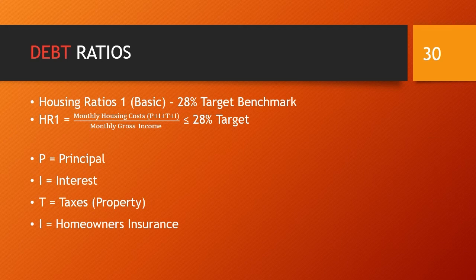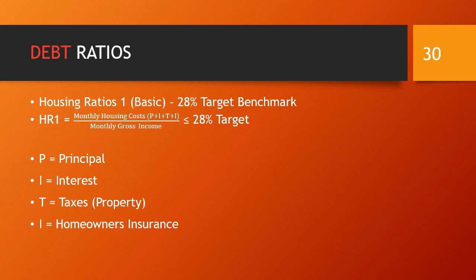All right. So you take PITI, that is your mortgage payment plus your tax payment plus your insurance payment for the month, and you divide it by your monthly gross income. That's going to give you some percentage, right? This ratio should be equal to or less than 28%, right?